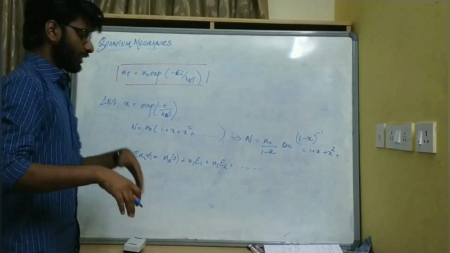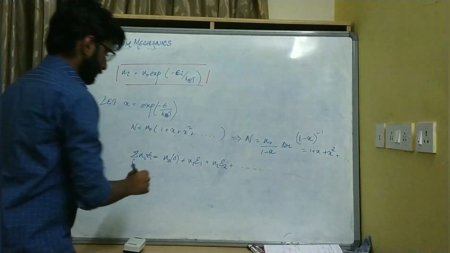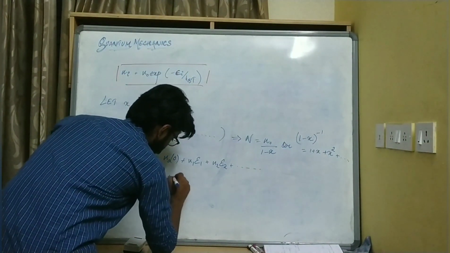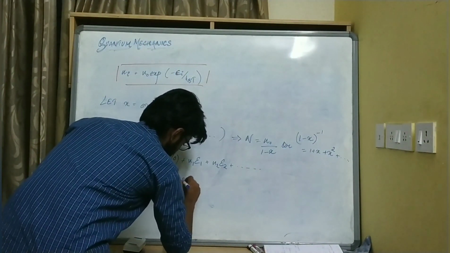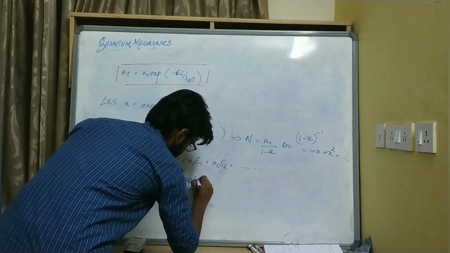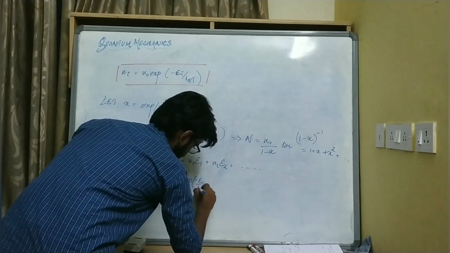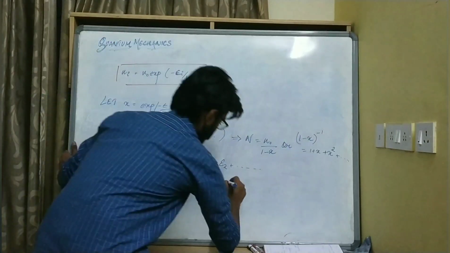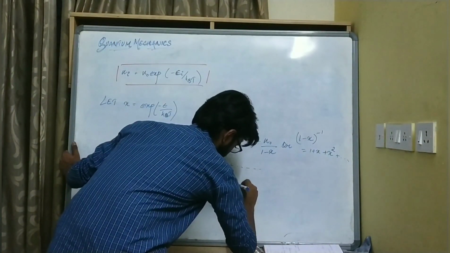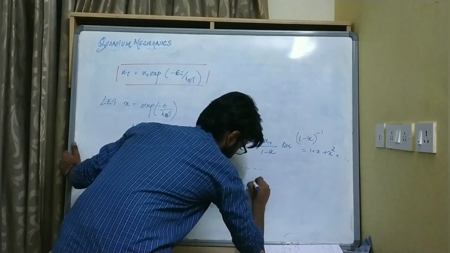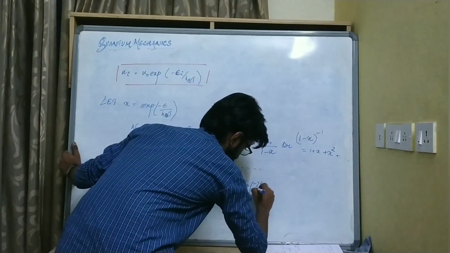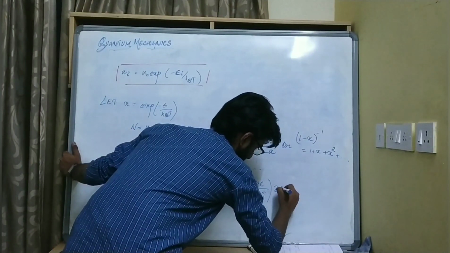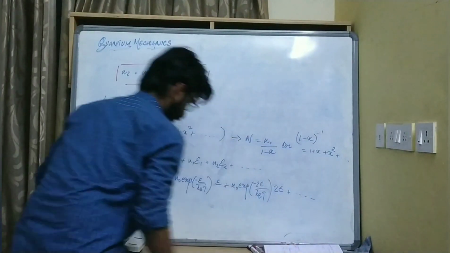Now you can do the same substitution here, and this will be 0 plus n0 exponential of minus epsilon by kBT times epsilon, plus n0 exponential of minus 2 epsilon by kBT times 2 epsilon, plus so on.